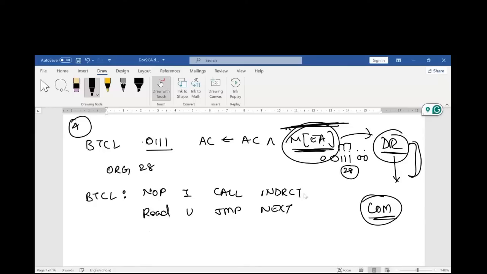So what we will do is we'll swap DR and AC. Okay, so DR to AC, AC to DR. Why are we doing this? Because I want to complement, and complement cannot be done on DR. So I'll transfer it to AC. You jump next. Okay, now after doing this, write complement.